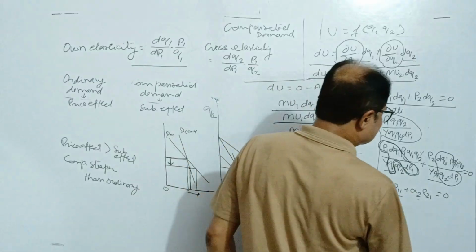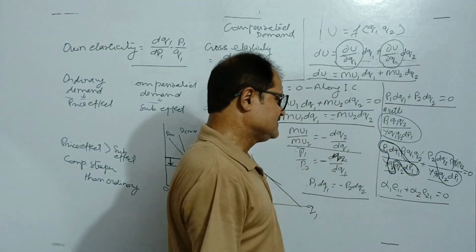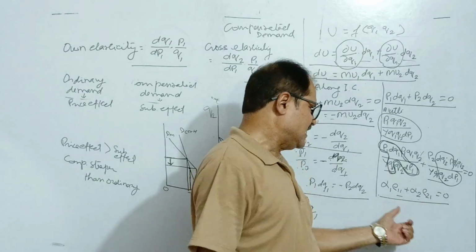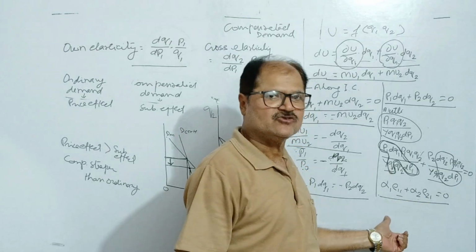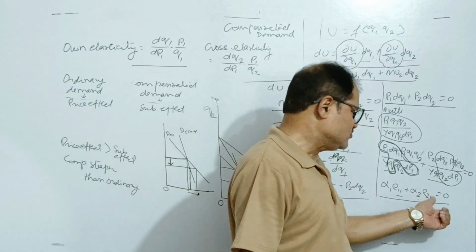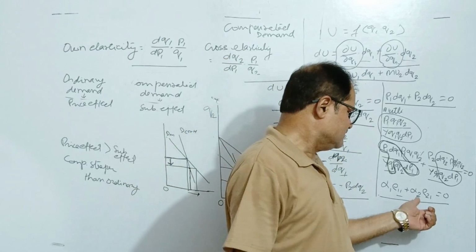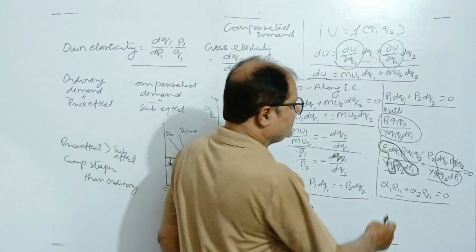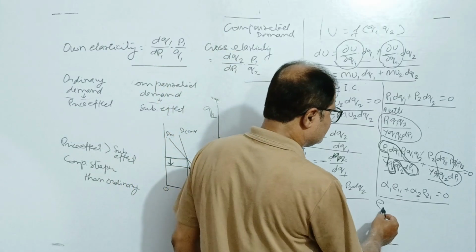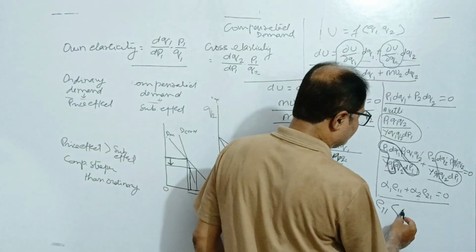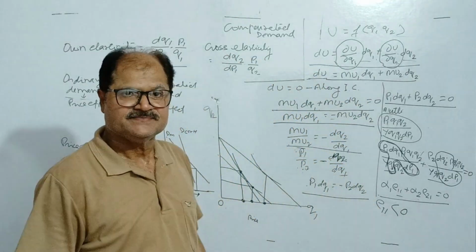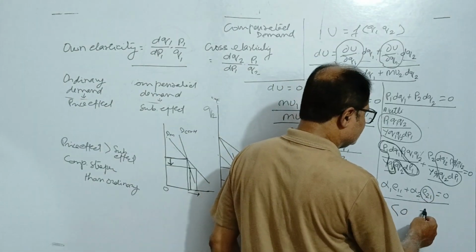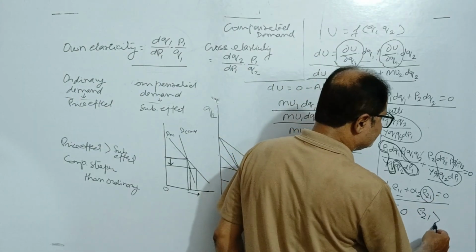So, we get this expression. This is own elasticity and this is cross elasticity. Alpha 1 is share of commodity 1 in total expenditure and alpha 2 is share of commodity 2 in total expenditure. Now, if this one is less than 0, as is always the case, it is negative, then this one must be greater than 0.